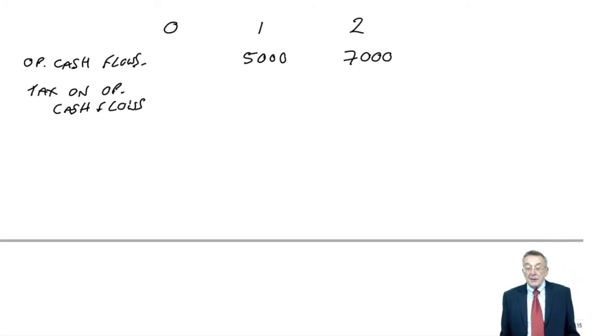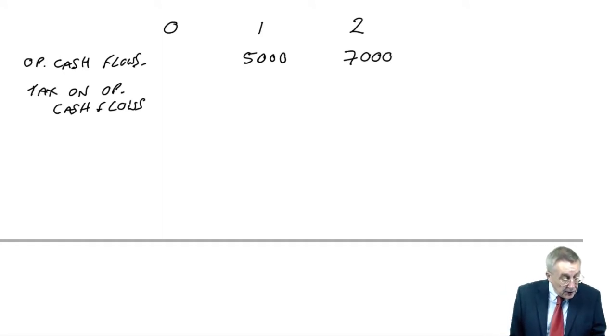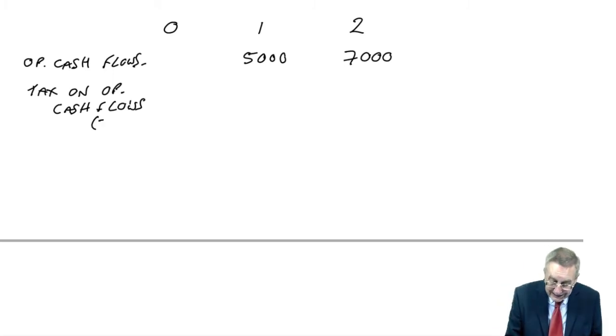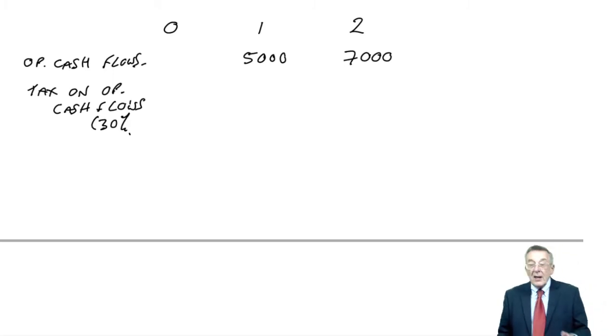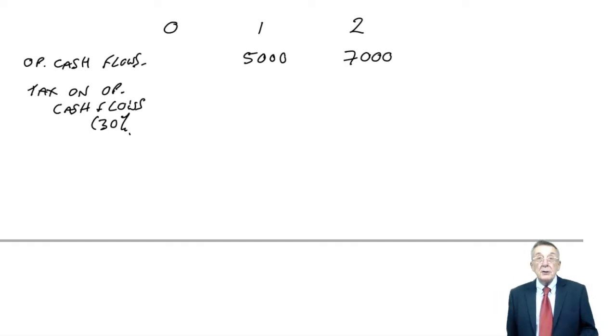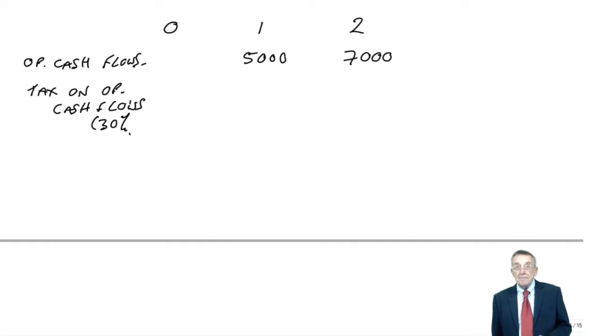If there were no capital allowances, we'd pay tax directly on the 5 and the 7. You'll be given the tax rate, and if you look 3 lines from the end, it says corporation tax, company tax is 30%. So the tax on 5,000, 30% of 5,000 will be 1,500.